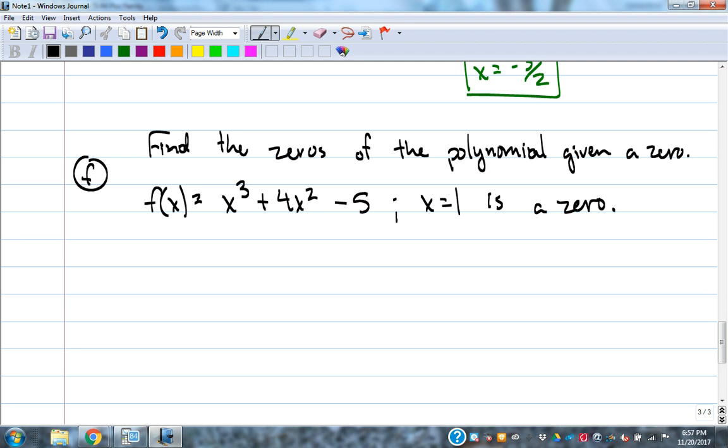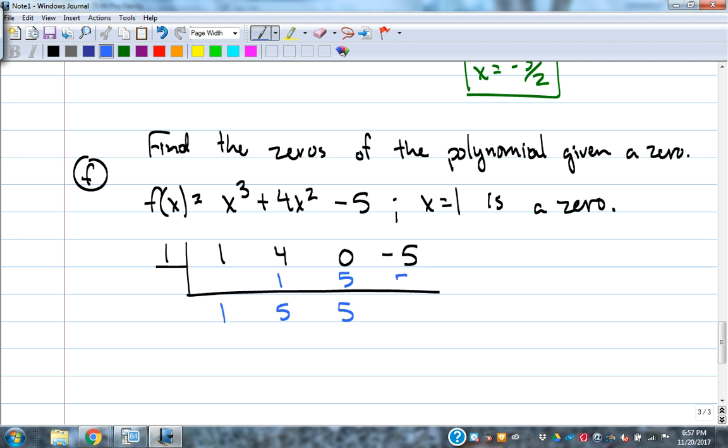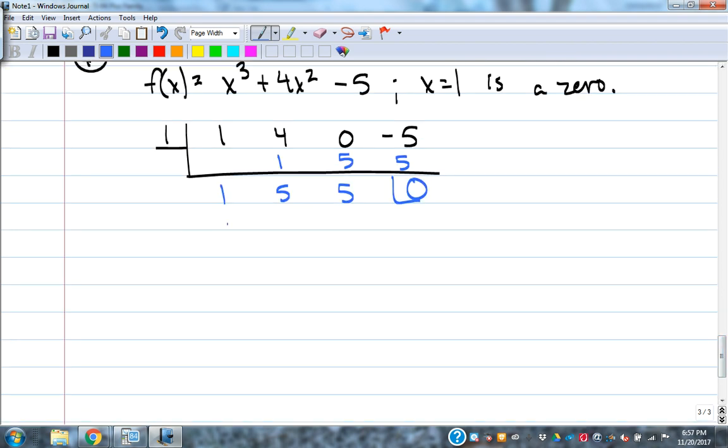The highest exponent and the number of zeros you find should match up. So what we're going to do is set up a synthetic division with 1 on the shelf, and we're going to run that through. And we get 0 there. And we've got x squared plus 5x plus 5 left.